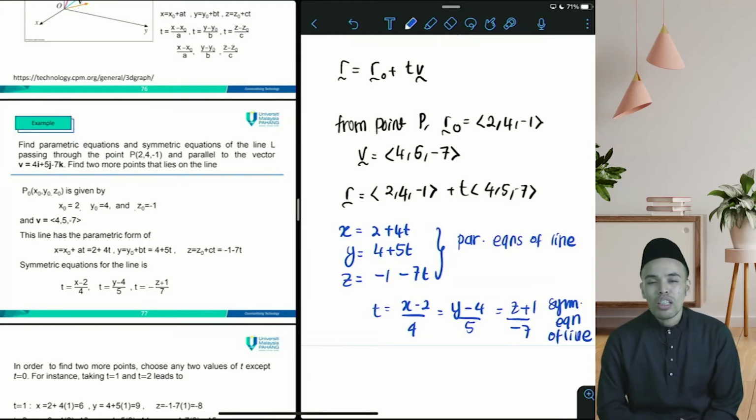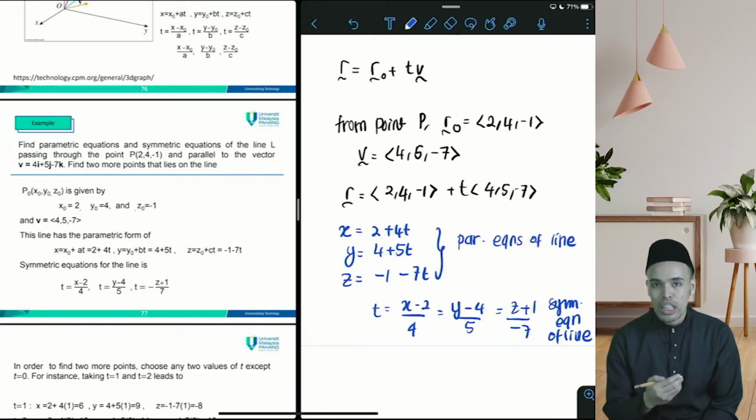The author also asks you to determine another 2 points that lie on the line. If you understand the question correctly, you cannot choose t is equal to 0. You have to play around with the value of the parameter t, because it will help you to determine other points that lie on the line.